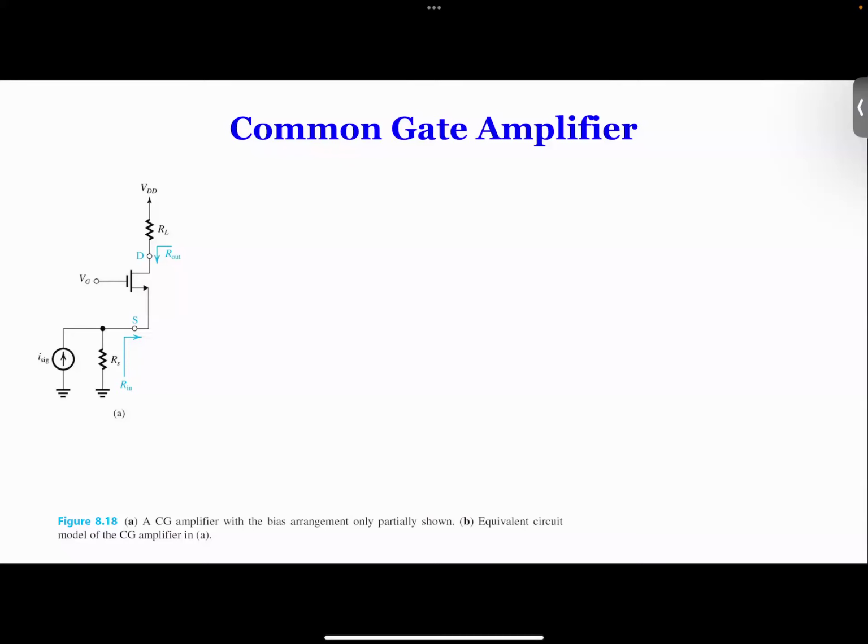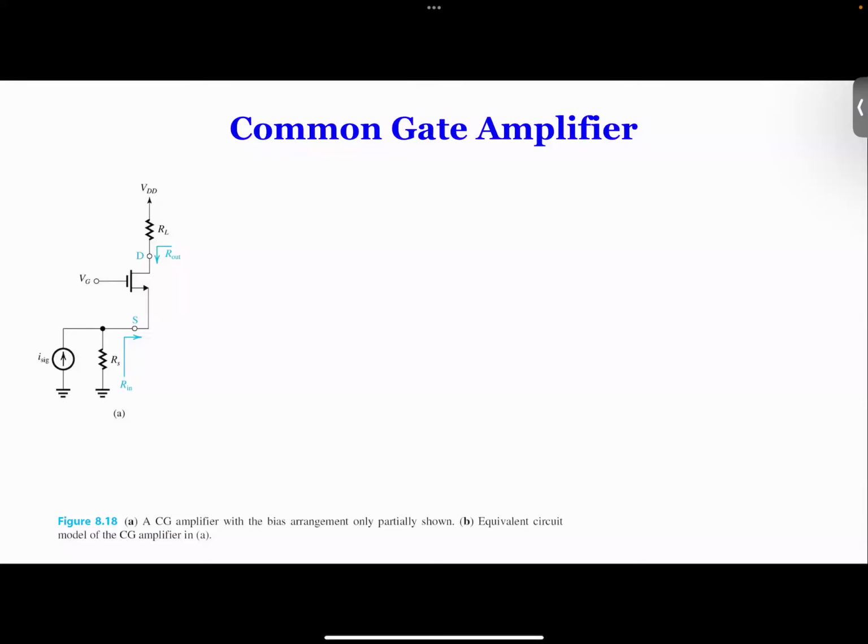But can we ground the VG for DC? If we ground it, it will be 0. Right, if you ground VG for DC, it's going to be 0 and your source is 0, so VGS is 0. VGS being 0 is less than VT, and it's not going to be in saturation, right? So we cannot ground it. But it's okay because for AC, it's going to be ground.